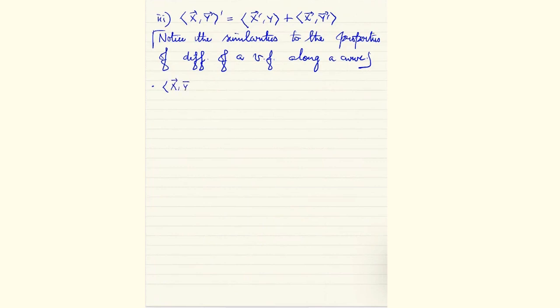So you have two tangential vector fields along the curve, and you want to look at the inner product of these two vector fields, which will give you a smooth function.